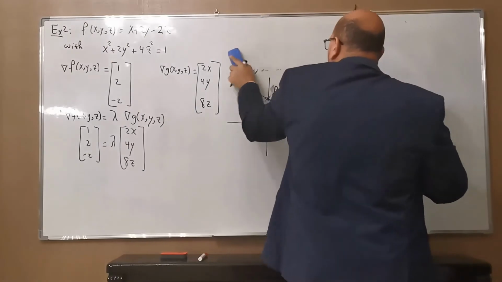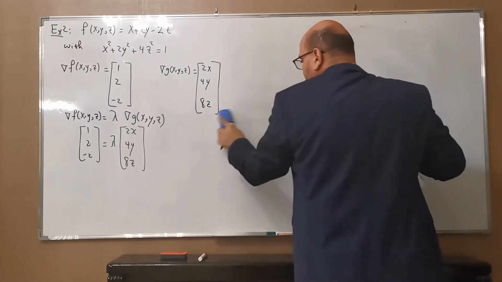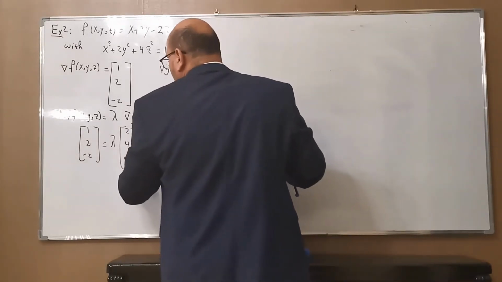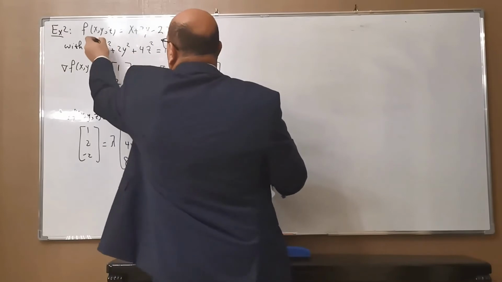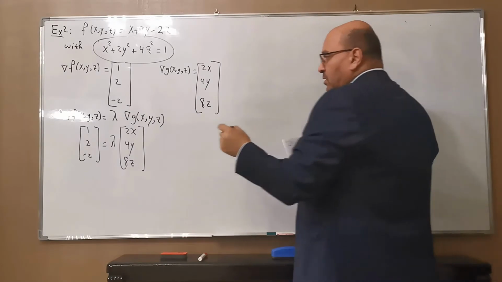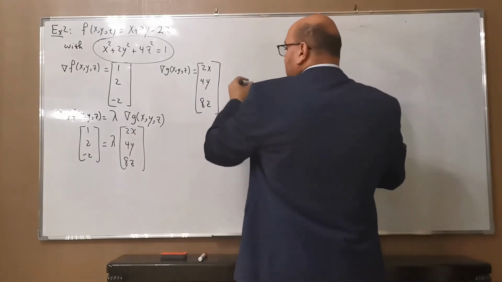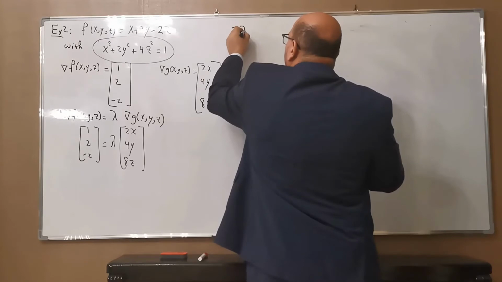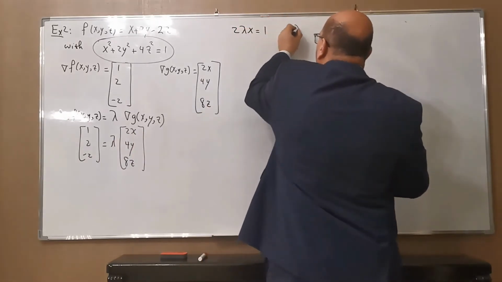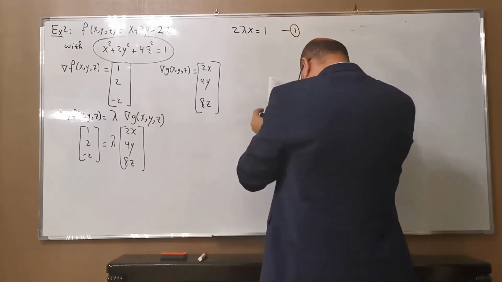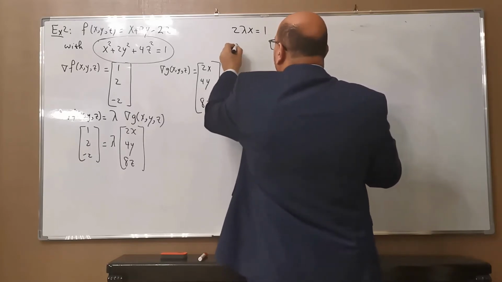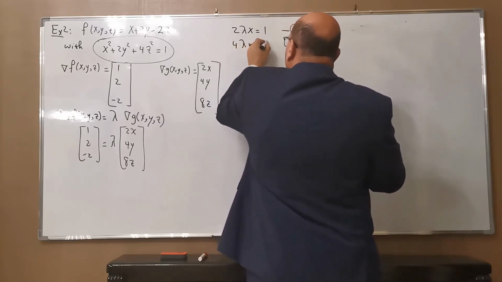From those two equations, you can notice that you have three equations and three unknowns, but lambda is also unknown, so you have to go to the constraint for the fourth equation to be satisfied. So you have four equations. The first equation says that 2 lambda x is equal to 1. The second equation says that 4 lambda y equals 2.